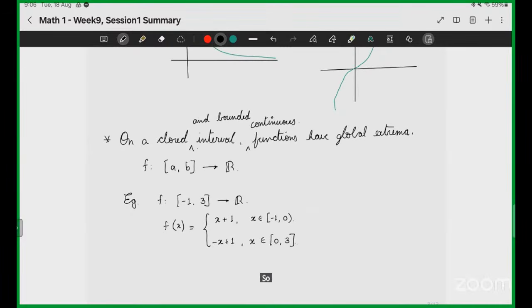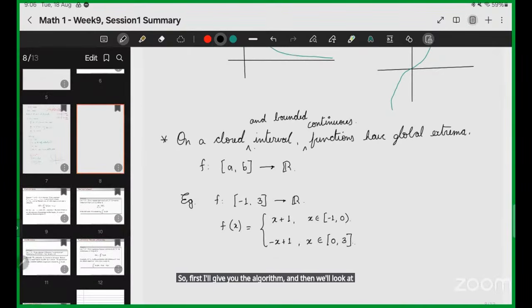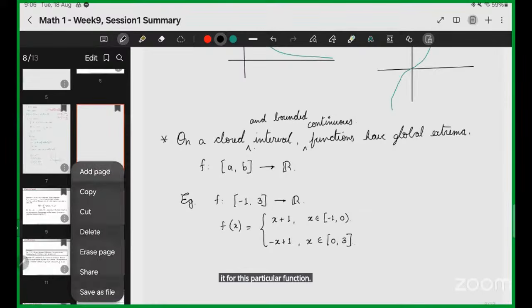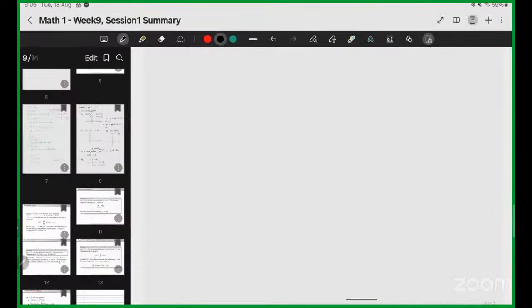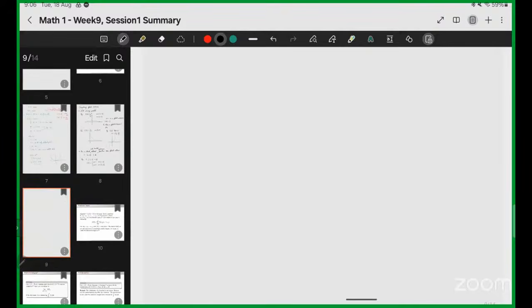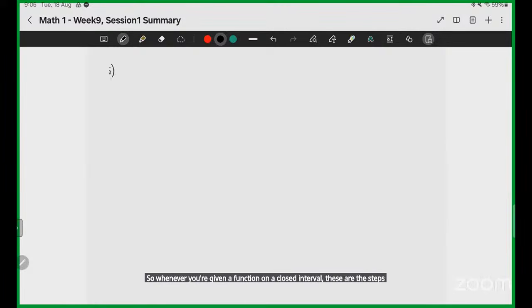So how do we compute the global extrema of this? First I'll give you the algorithm, and then we'll look at it for this particular function. Whenever you're given a function on a closed interval, these are the steps that you have to follow.